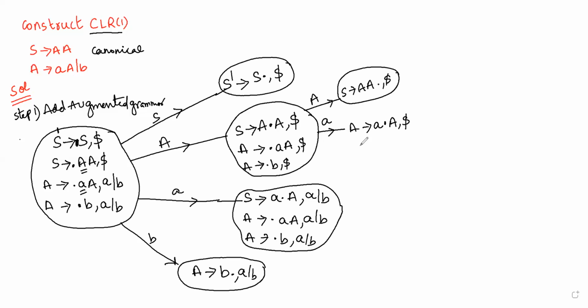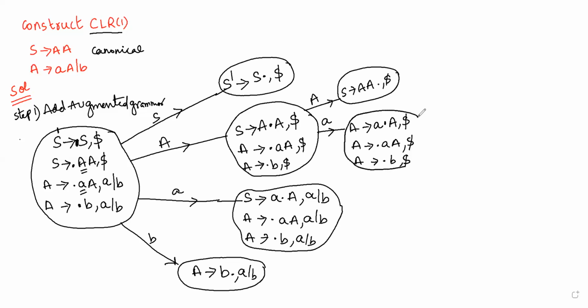So you write that the values are as it is. A tends to dot AA. Okay. Then you write A tends to dot B. Two values are there. Now you see, for this A, we wrote two productions. But what is the value of this first of dollar? This is dollar. This is dollar.